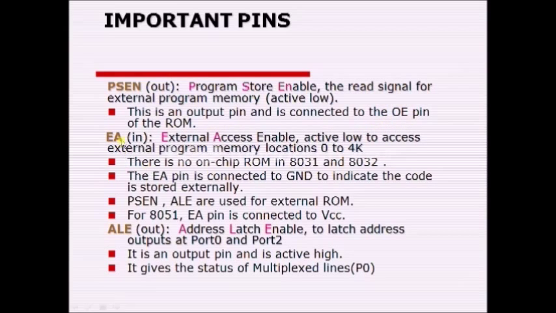And then we have one more, that is external access, which is mainly used for enabling the external access. Here it is an active high pin, so a logic 1 is to be connected to this particular pin. For example, assume that in case of 8051 we have only 4 kilobytes of ROM. Assuming that we have written one application code whose size is more than 4 KB, then I cannot store some of the code inside my internal memory and some of my code in the external memory.